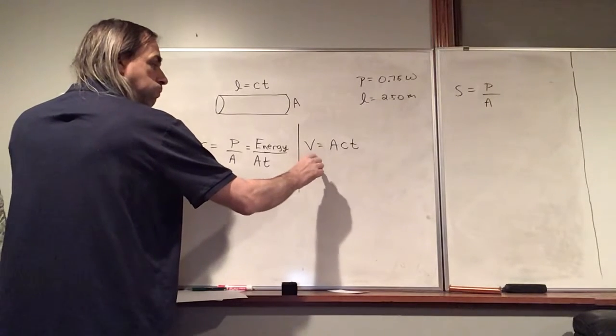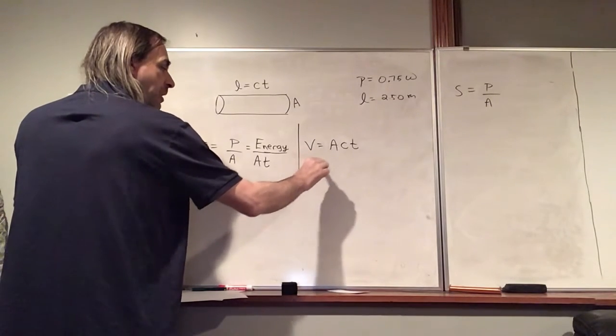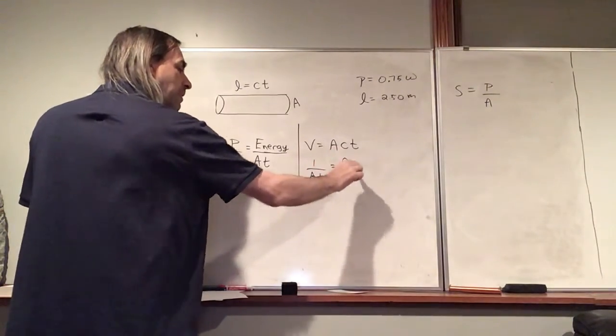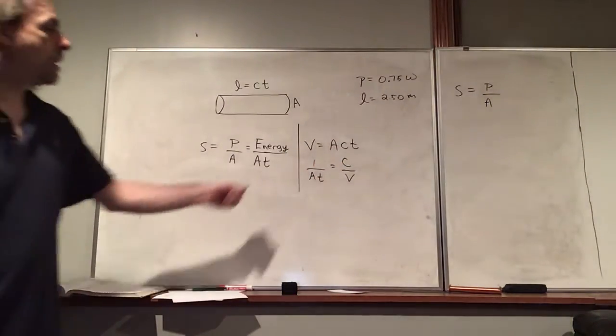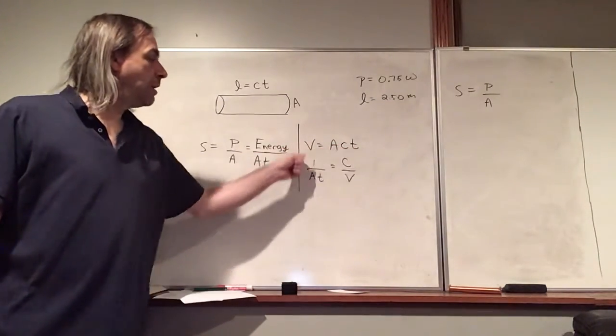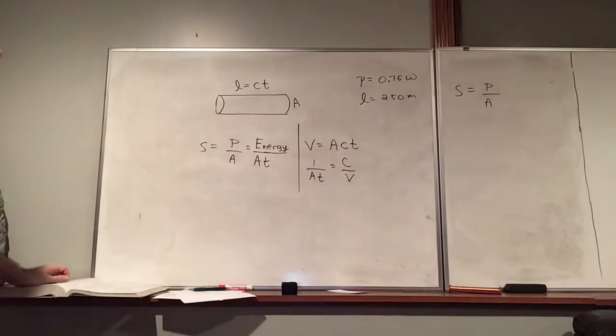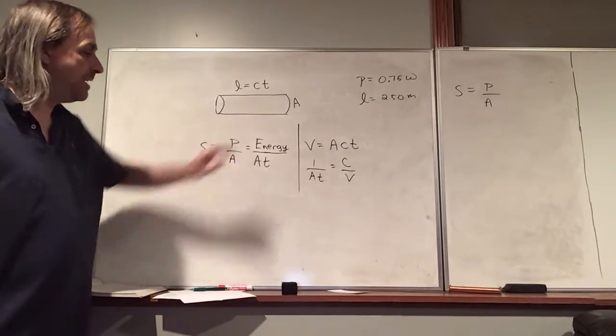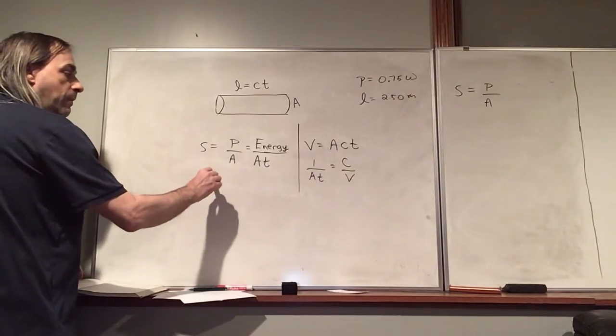Now, let's take this equation here. I'm just going to rewrite it algebraically, just by moving terms around. So if we divide by Δt, we have V over Δt equals C, and then we divide by V and get it like this. So here we have 1 over Δt times energy.